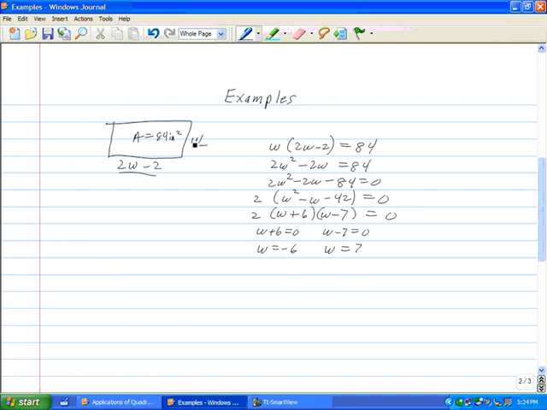But remember, since we're talking about lengths and widths here, a negative answer can't be allowed. So obviously our width is 7, and 2 times 7 minus 2 is 12. So we have a 12 by 7 rectangle, and that gives us the area we want with the restrictions on the sides that we were looking for.